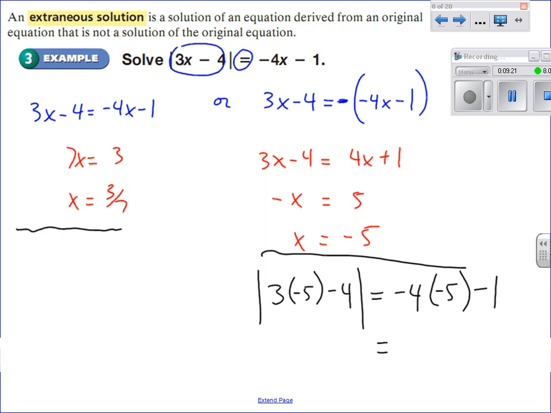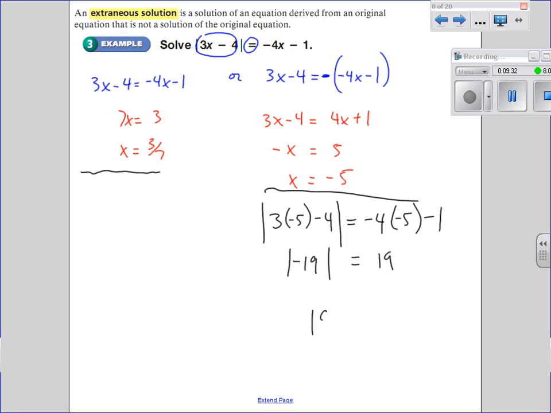Over here, we've got 19 on this side, and we've got absolute value of negative 19 on this side. And absolute value of negative 19 is 19, so 19 equals 19, right side equals left side. So this is a check. This works.